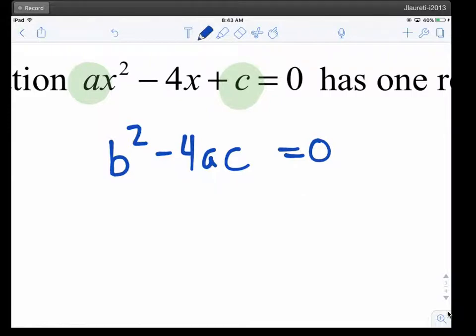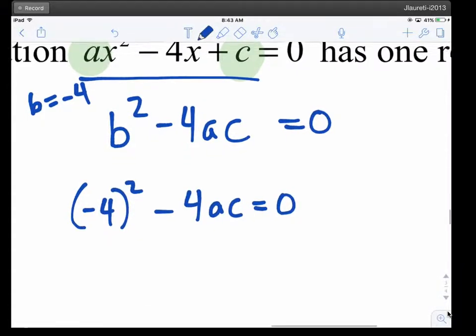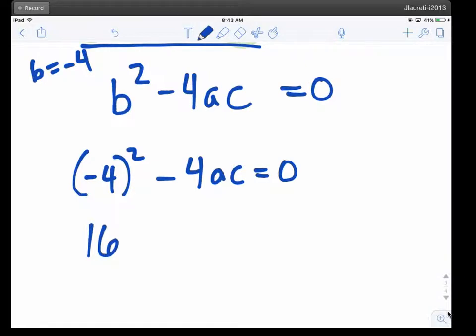Now, what other piece of information do I know from this equation? B is what? Negative 4. So I can plug in negative 4 for B. So negative 4 squared minus 4AC is equal to 0. That's going to give me 16 minus 4AC is equal to 0.